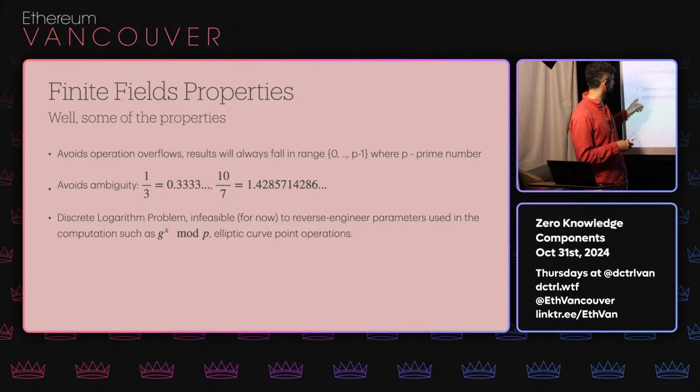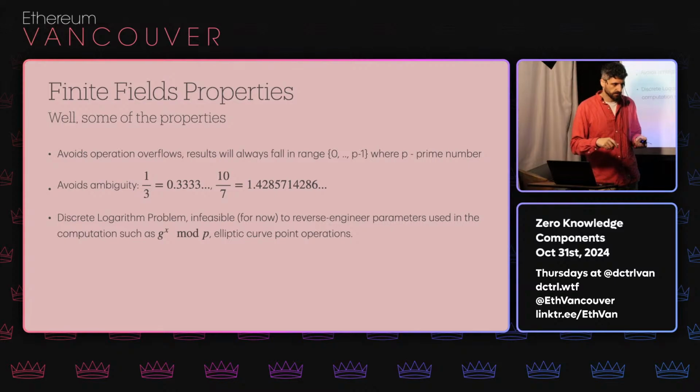And one of the properties, which is a really awesome one, is the discrete logarithm problem, which basically says that it's hard to reverse engineer parameters that were used for some operation. For example, if I give you number 6 and say that this number was produced from multiplication of two numbers, you can easily come up with the values used.